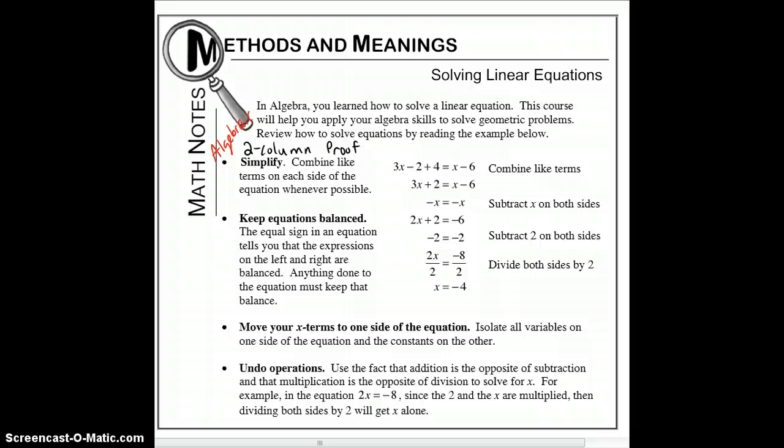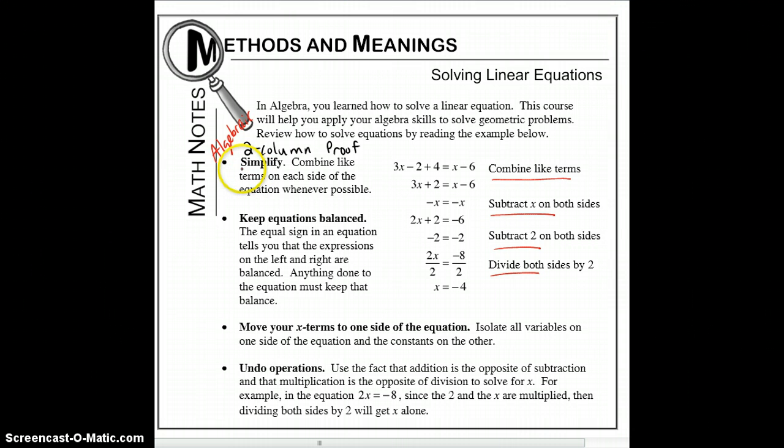So now what this math notes box has done is it has gone through step by step and listed for you reasons as to why each step happens in logical and sequential order.